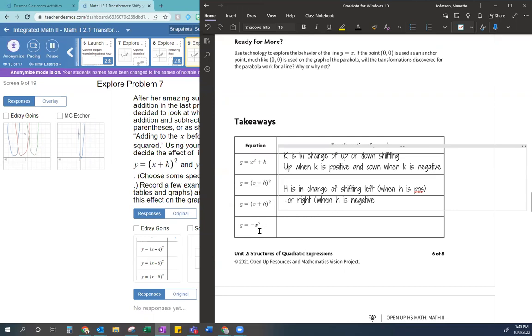What was this negative in charge of? What did this negative do to our function? I forgot. Yeah, it reflected it downward. Very good. All right, so I'm gonna pause this.